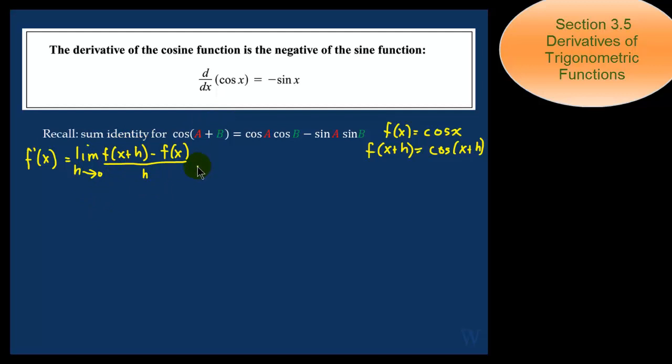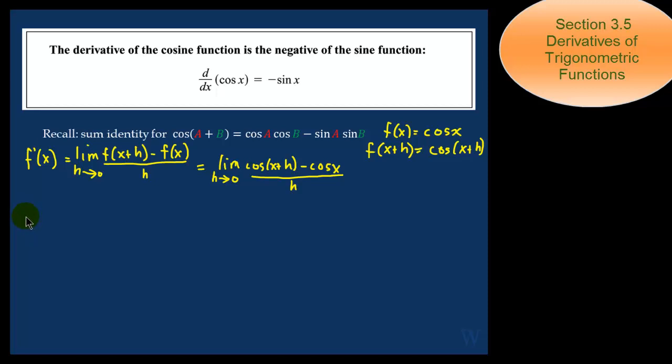So now what we've got will be the limit of cosine of x plus h minus the cosine of x. There's your f of x plus h minus f of x. Whole thing is divided by h as h approaches 0.